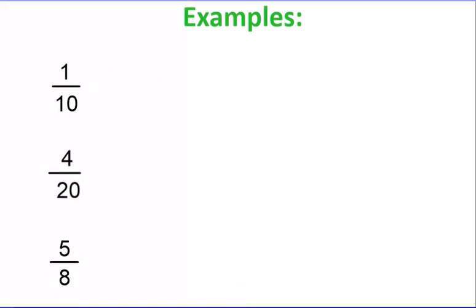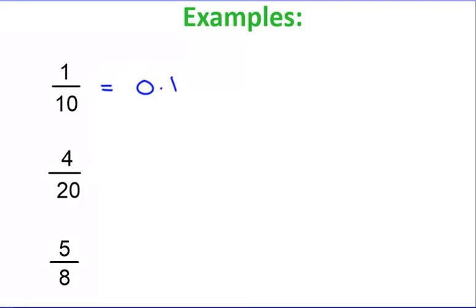So let's look at some actual examples. So this is an easy one, 1/10. That's going to be 0.1. Now, 4 over 20. So you can do this a couple different ways. Can we get this 20 to be either a 10 or 100? Yes, we can. Okay, but remember, whatever we do to the bottom, we also have to do to the top.